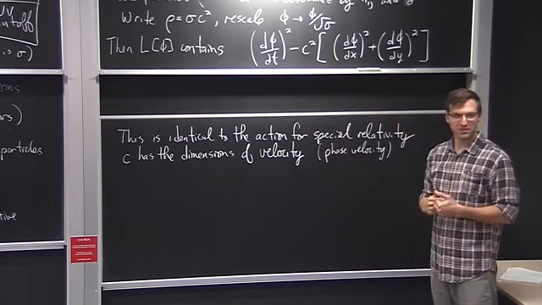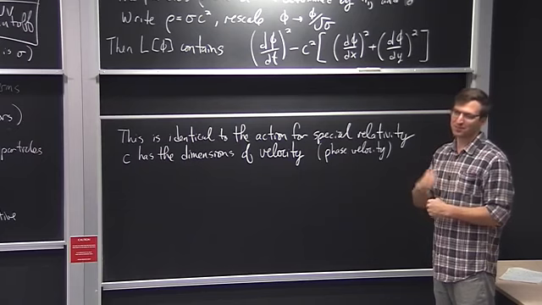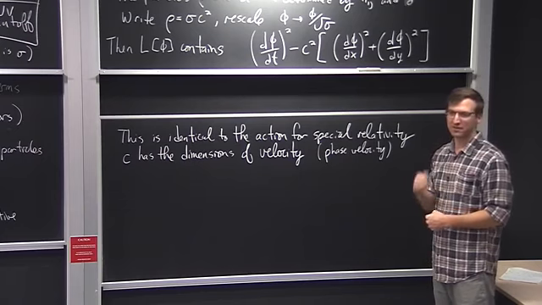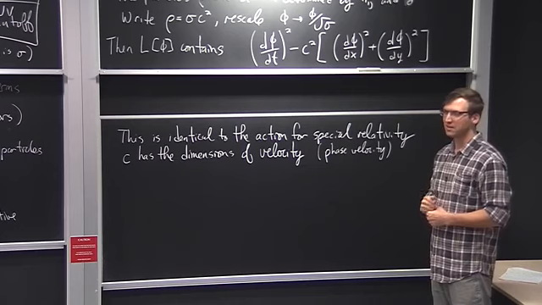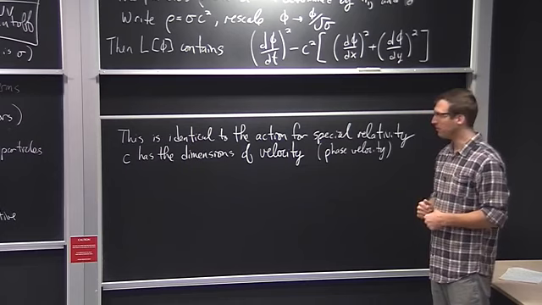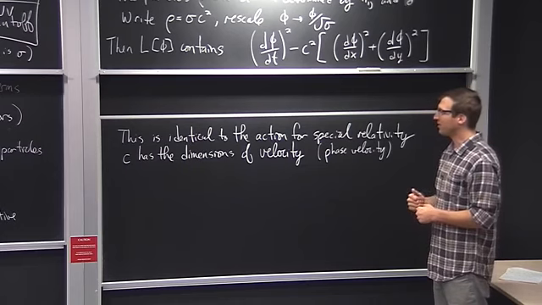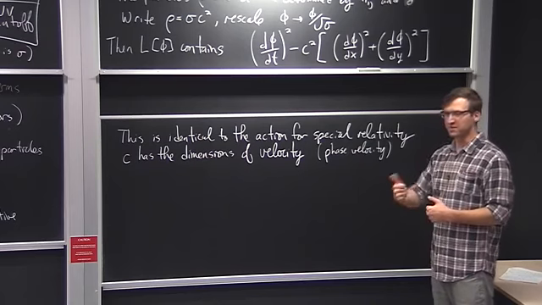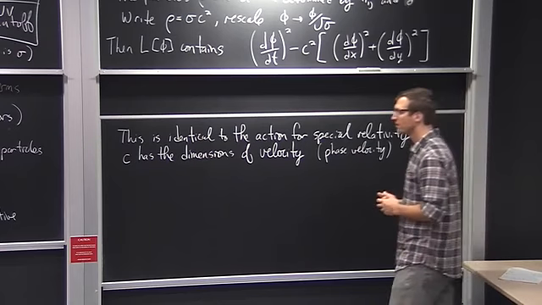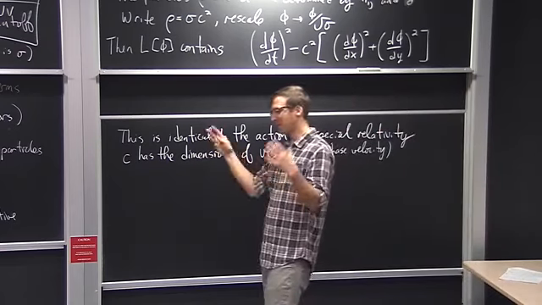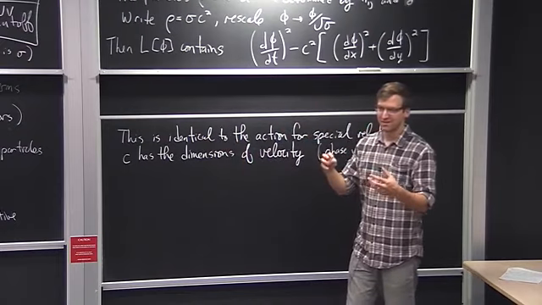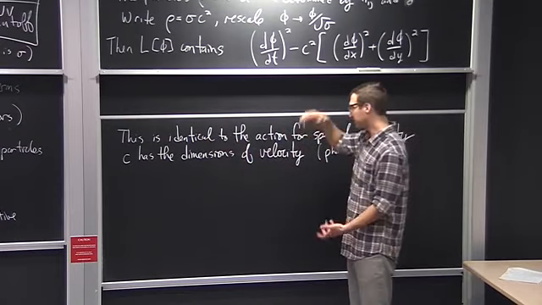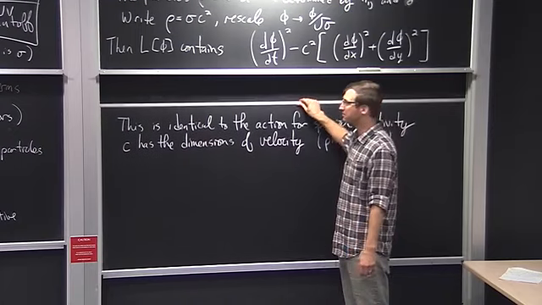So quantum critical points with dynamical scaling exponent z equals 1, Lorentz invariant conformal field theories, have this Lorentz invariance, z equals 1. It's telling you there's a symmetry between space and time in the theory. If you scale space a certain way, then you have to scale time in the same way.